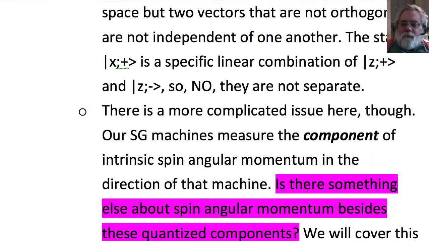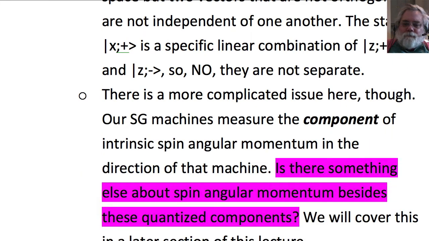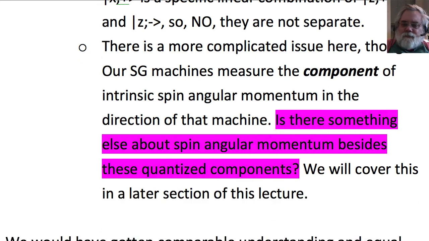There is a more complicated, subtle issue here, though. Our SG machines measure the component of intrinsic spin angular momentum in the direction of that machine. Does that mean the spin angular momentum was pointing in that direction? Is there something else about spin angular momentum besides these quantized components?